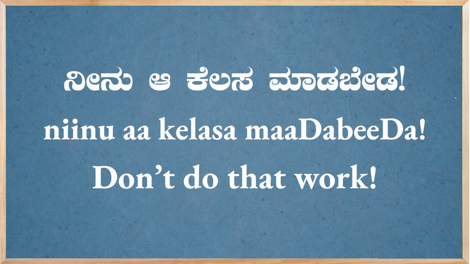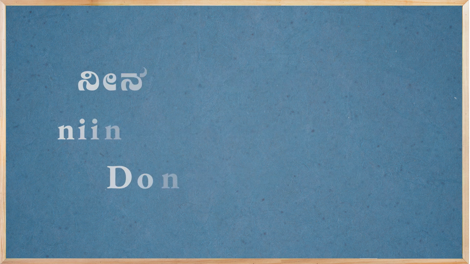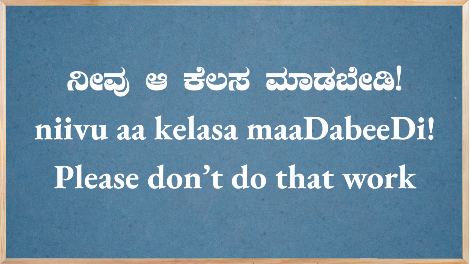For example, "ನೀನು ಆ ಕೆಲಸ ಮಾಡಬೇಡ", don't do that work. This is a casual tone. ನೀವು ಆ ಕೆಲಸ ಮಾಡಬೇಡಿ, please don't do that work. This is the polite form.